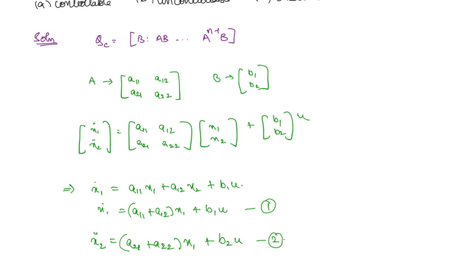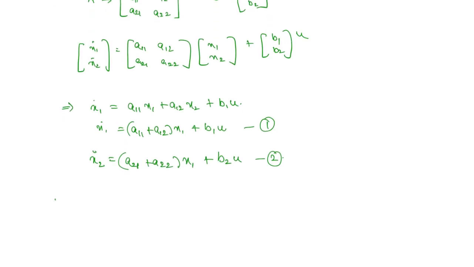Now if x1 is equal to x2, this implies that x1 dot is also equal to x2 dot. So this gives (A11 plus A12) x1 plus B1 u equal to (A21 plus A22) x1 plus B2 u.